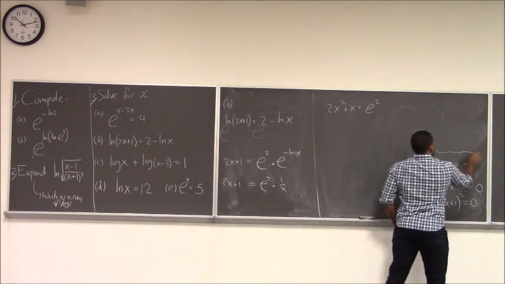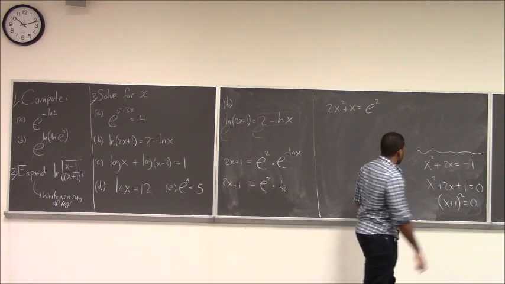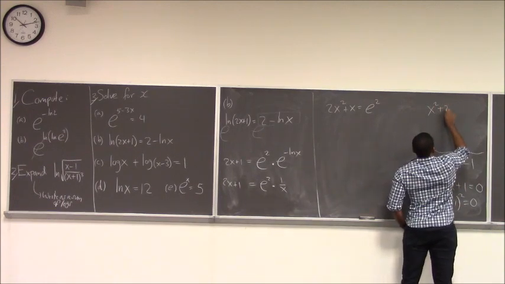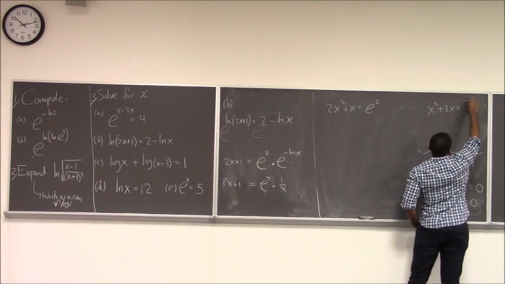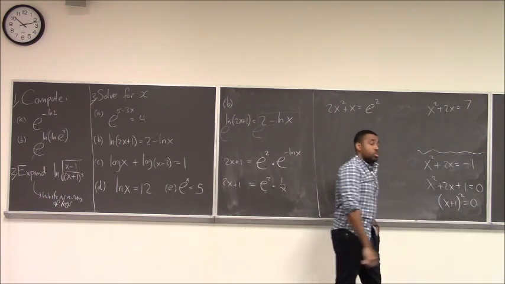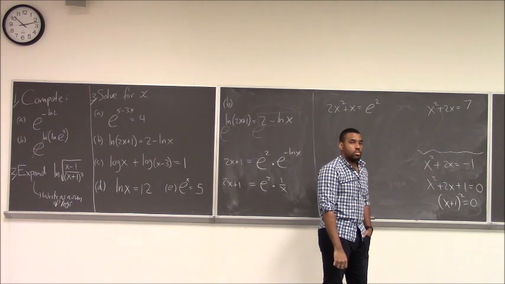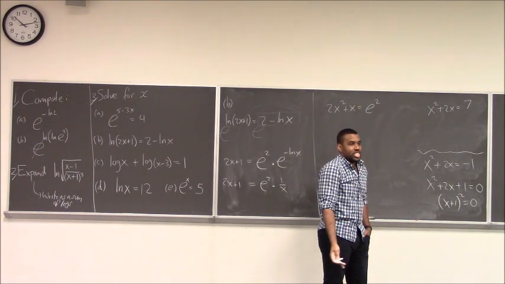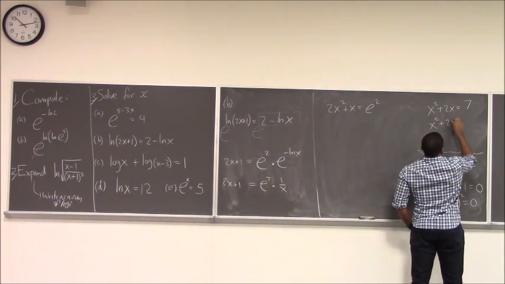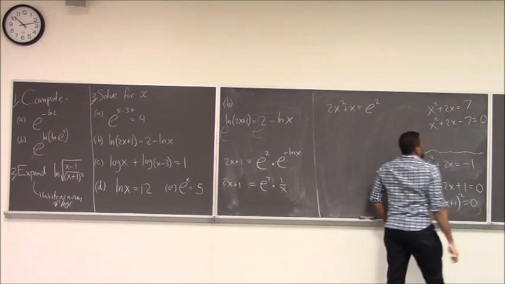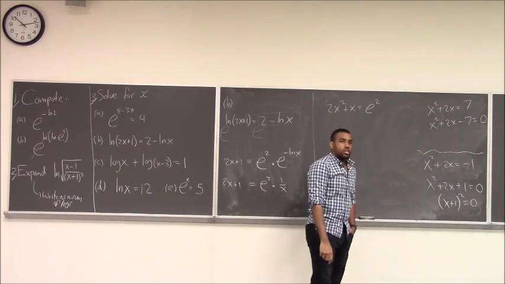But let's make it a little bit more challenging. Let's say we had this, and I don't know, 7 here. What would you have done then? Start out the same way, right? Move the 7 to the other side. Does that factor?